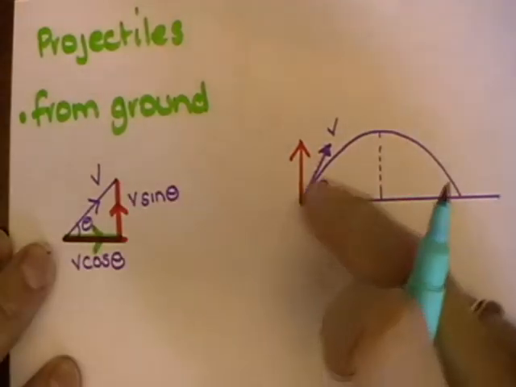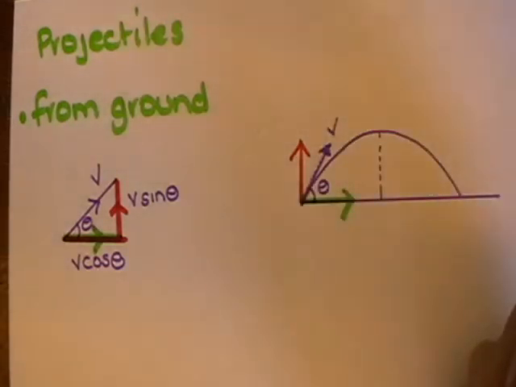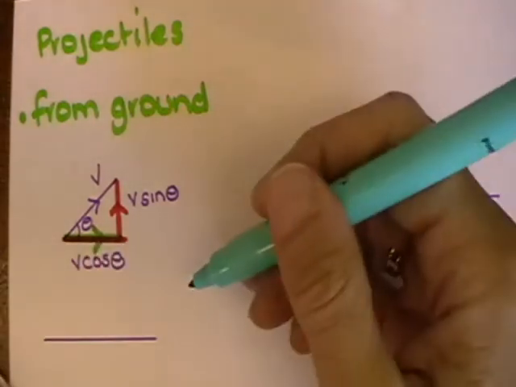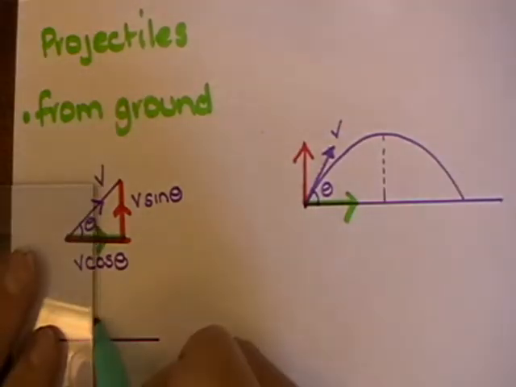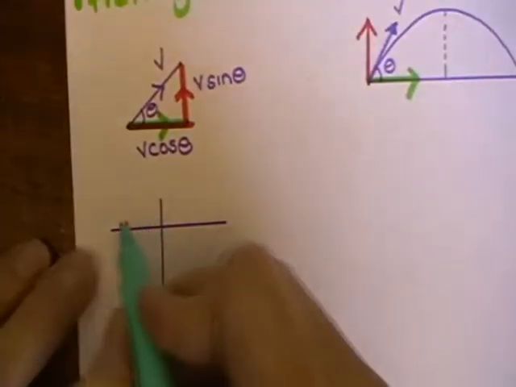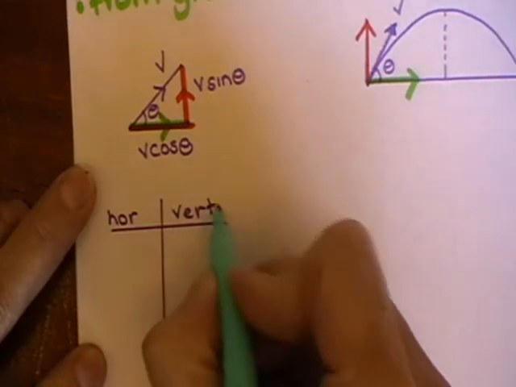But the shape of this is a combination of the two of them at every single point across there. So the next thing I would do when I start a projectile question is split the motion into a horizontal part and a vertical part.